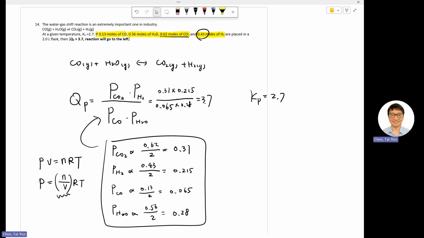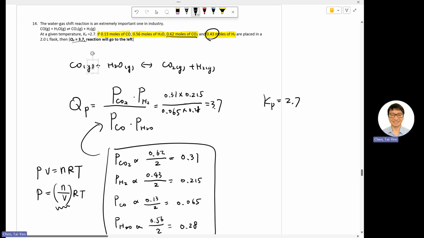So in order to go to K, the reaction will move to the reactant side to deplete the excess product it has. So the answer is that the reaction will go to the left, which is the reactant side.